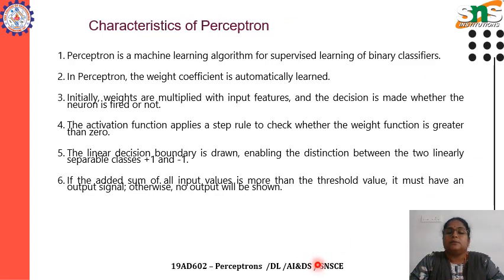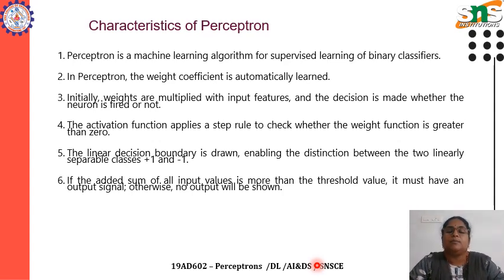So, there are some basic characteristics of perceptron. It is a machine learning algorithm for supervised learning, mainly used in binary classification. In perceptron, the weight coefficient is automatically learned and weights are multiplied with input values. Then the decision is made whether the neurons are fired or not. The activation function applies a step rule to check whether the weight function generates 0 or greater than 0.